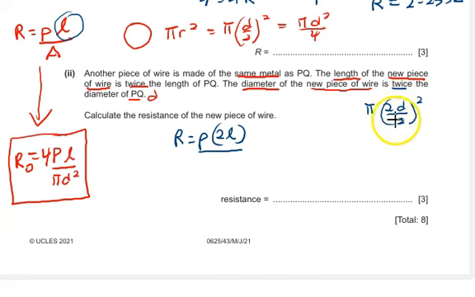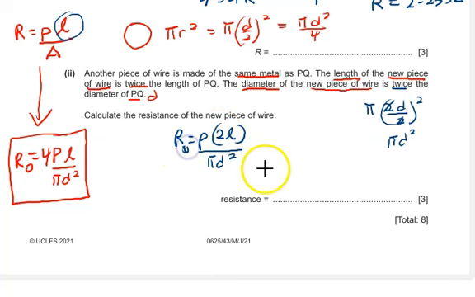Now here will be pi 4. You can actually simplify this, and you'll be getting pi D square only. So here is pi D square, and this is the new one.